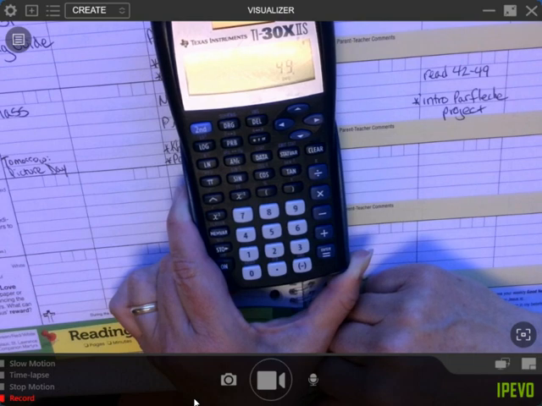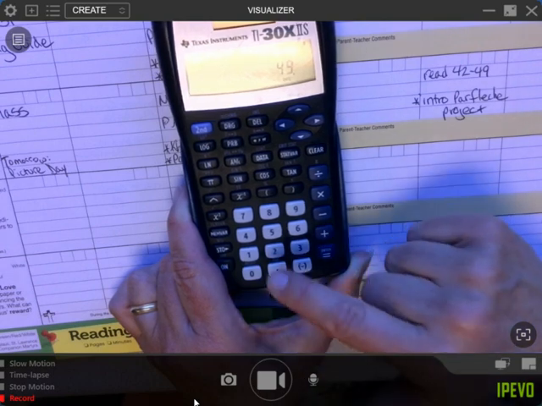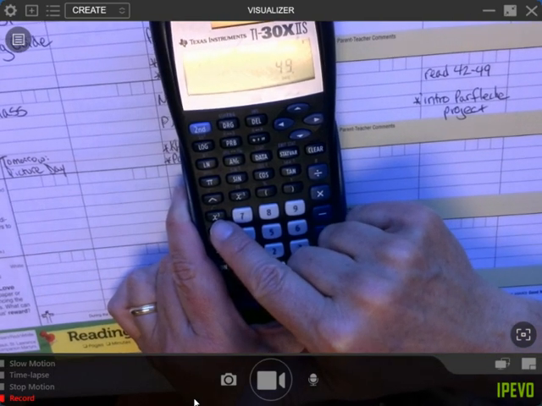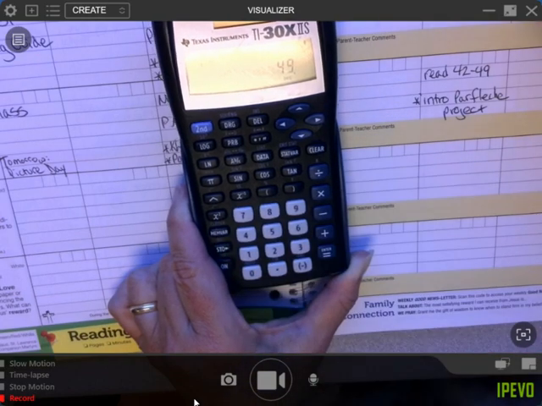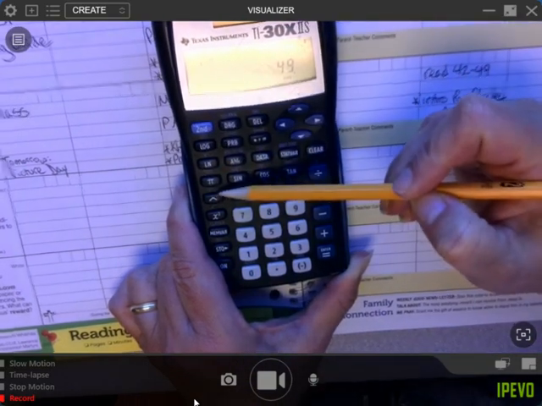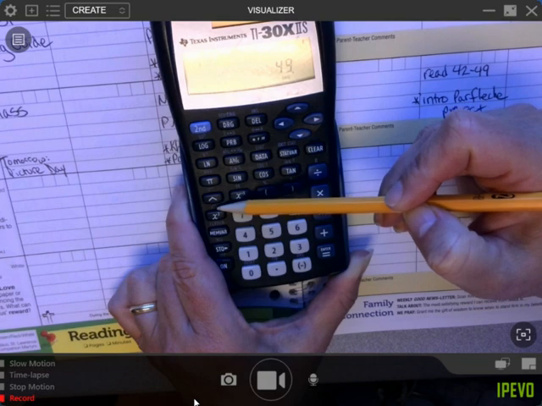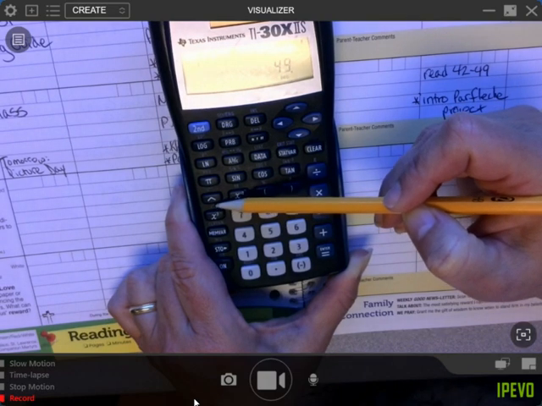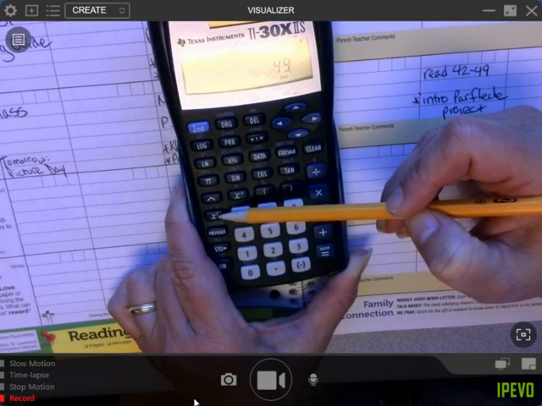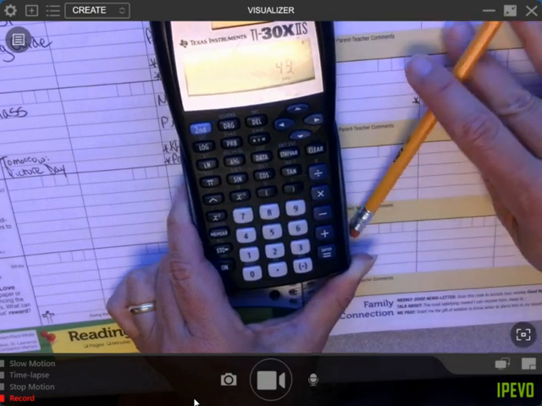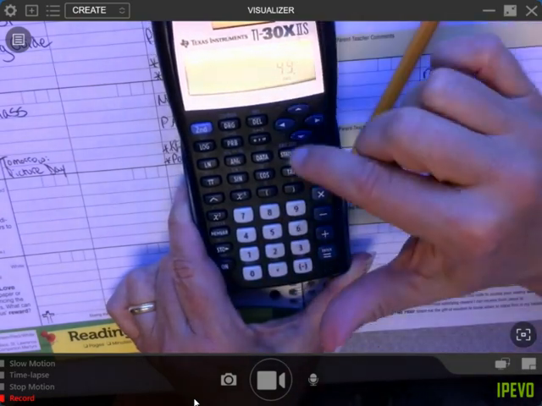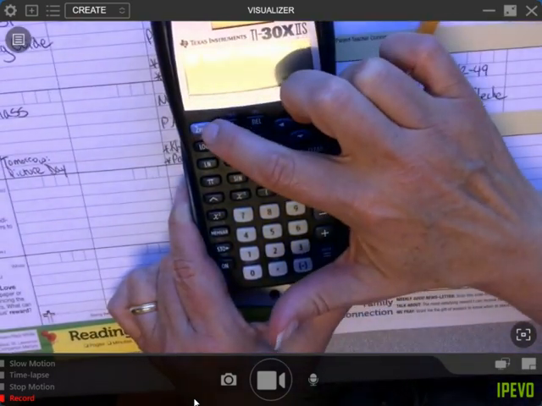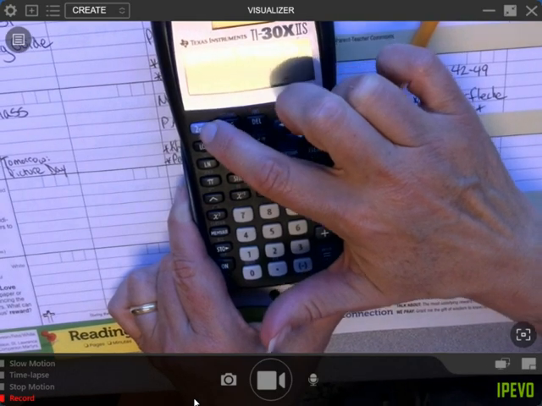Remember, squaring and square roots are opposite. So on our calculator, that square root sign, that little symbol, is right above it on the calculator. Not on the button, on the calculator. So to get to it, we have to press the second button.